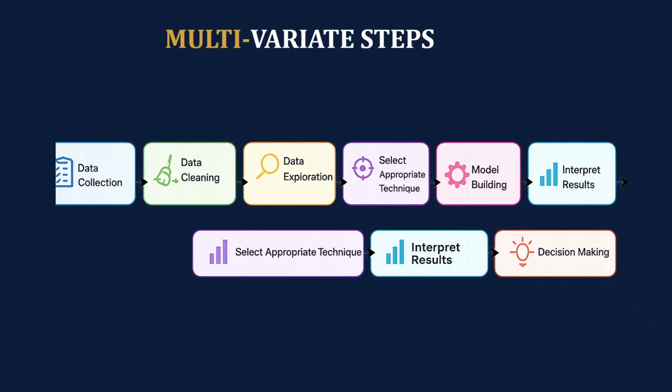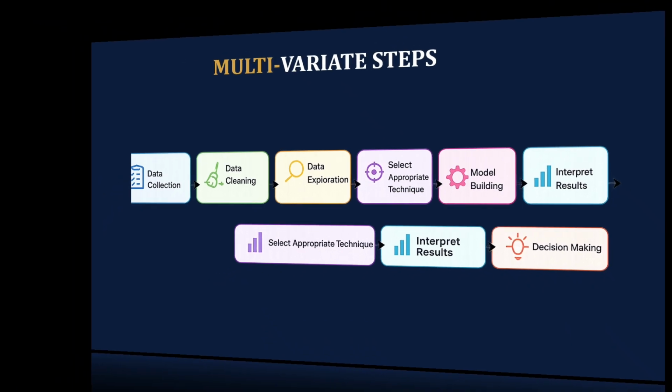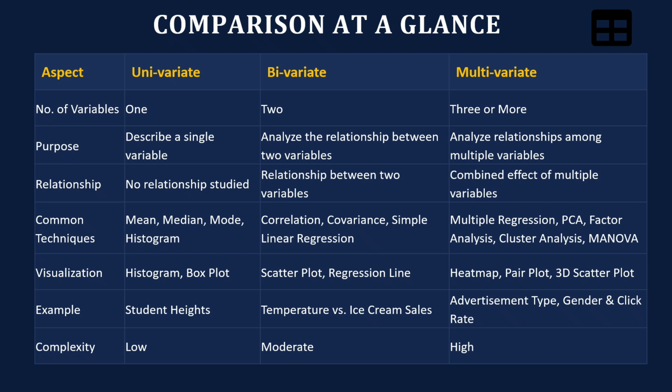In the next session, we will compare these techniques side by side to understand their differences and appropriate applications. Now let's compare those three techniques. The first one is univariate analysis. It involves only one variable, the bivariate involves two variables, and the multivariate involves three or more variables. The next is the purpose of the analysis.